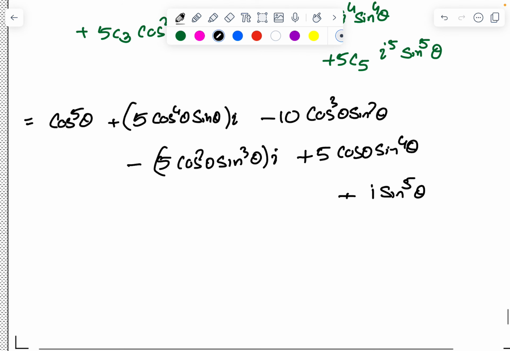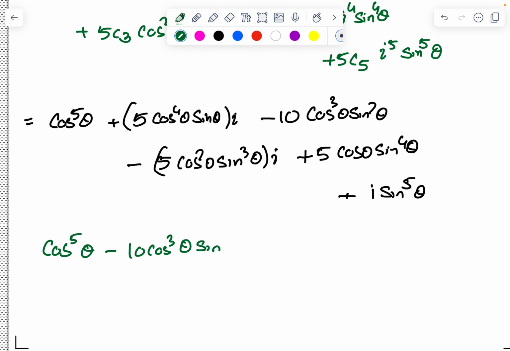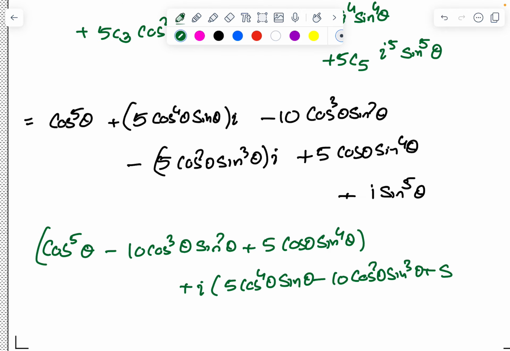So combining all the like terms, real parts and imaginary parts: cos power 5 theta minus 10 cos cube theta sin square theta plus 5 cos theta sin to the power of 4 theta, plus i times (5 cos to the power of 4 theta sin theta minus 10 cos square theta sin cube theta plus sin to the power of 5 theta).